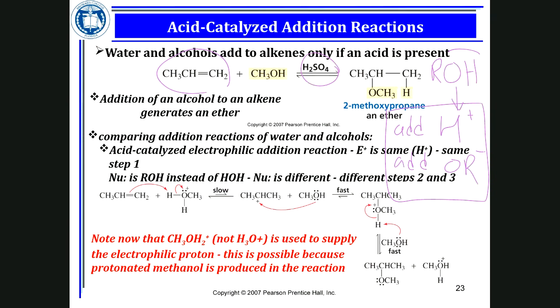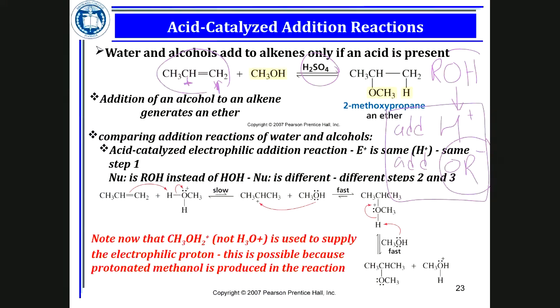When the carbocation forms first, H plus is added to the carbon with the greater number of hydrogens, because the carbocation that is forming is going to be more stable if it follows the Markovnikov rule. Whenever a carbocation is forming, you're going to get the Markovnikov product. That means hydrogen will add to the carbon with the greater number of hydrogens, and the counterpart would add to the other carbon.